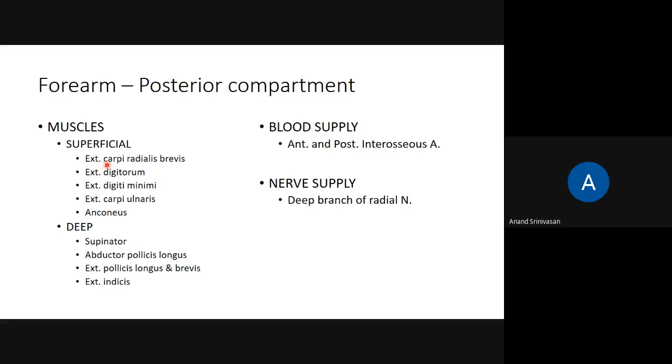So when I say there is extensor carpi radialis, which is on the radial side, there is another extensor on the ulnar side, which is extensor carpi ulnaris. Here it is just extensor carpi ulnaris. I have not included ulnaris longus and brevis. Why? Because there is only one muscle.